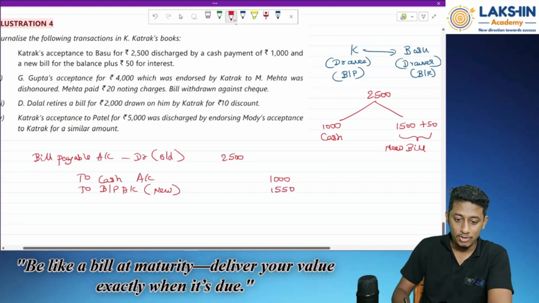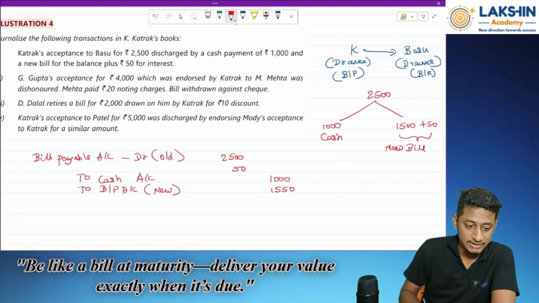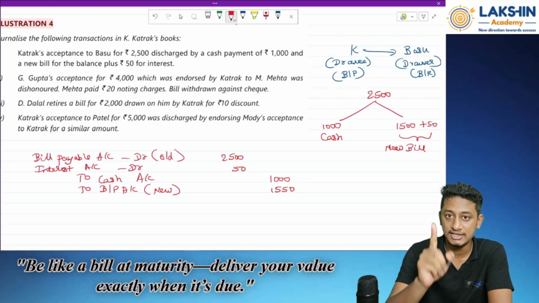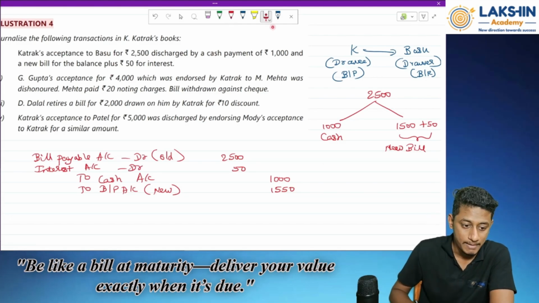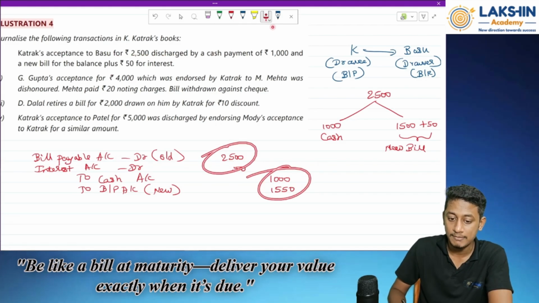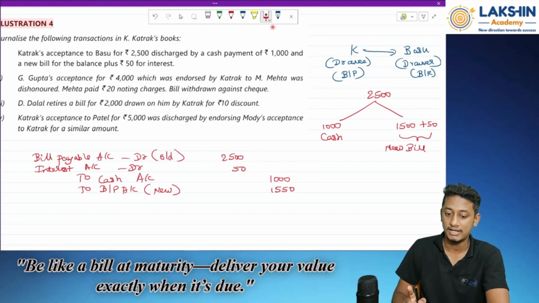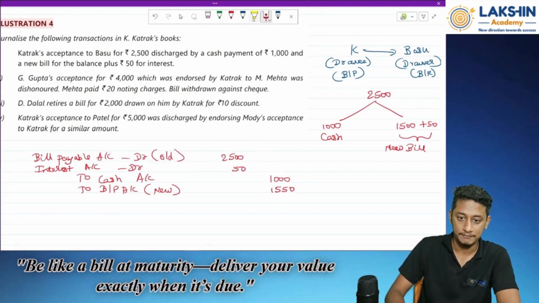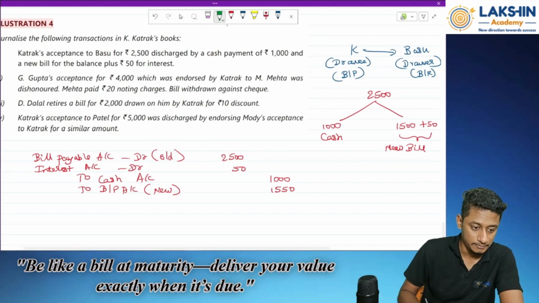The remaining amount of rupees 50 will be an expense, which is my interest account. Whenever expense increases, we debit the account. So my interest account has been debited with rupees 50, because they have clearly mentioned that interest is rupees 50. Including that, my debit is equal to my credit. Yes? Okay.